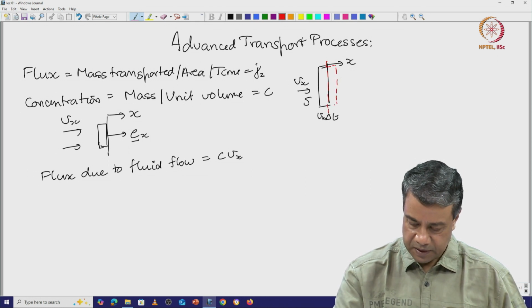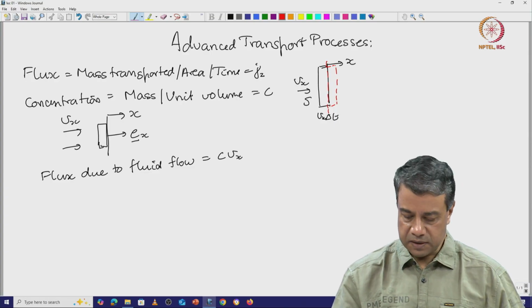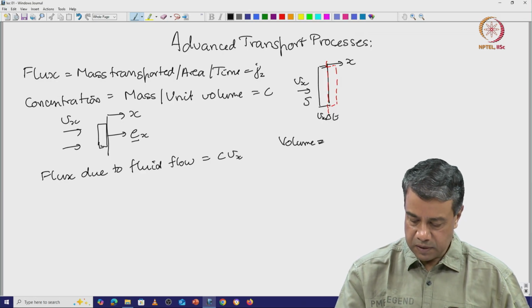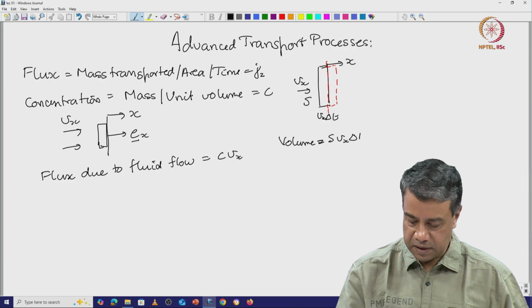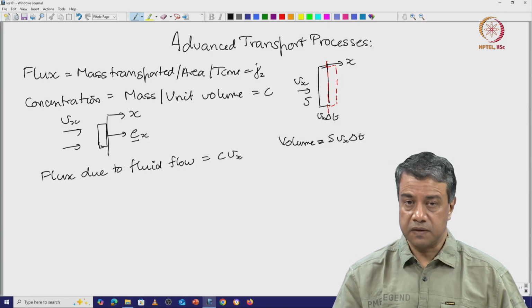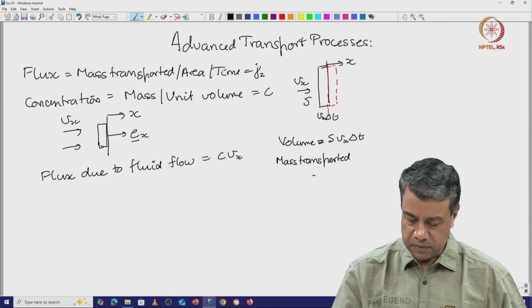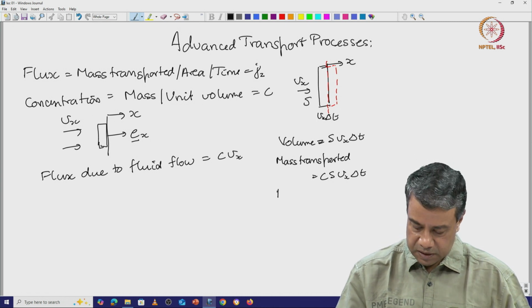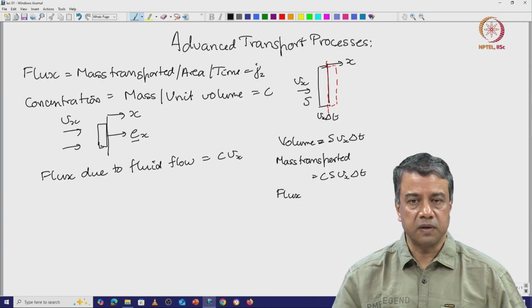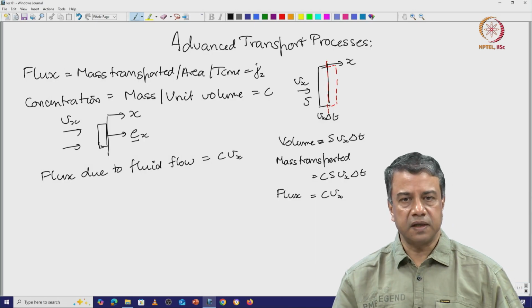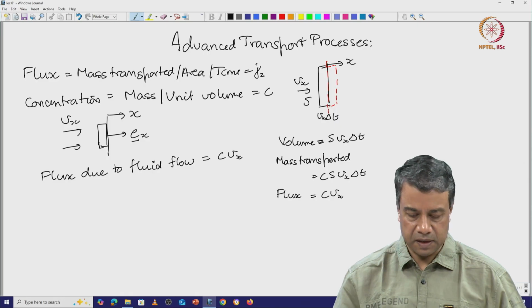So, the volume transported is equal to S times Vx times delta t. The mass transported is the volume times the concentration, so mass transported is equal to the concentration S Vx delta t. Therefore, the flux, which is the mass transported per unit area per unit time, is just equal to the concentration times Vx. You have to divide by S, the surface area, and by delta t, the time interval.